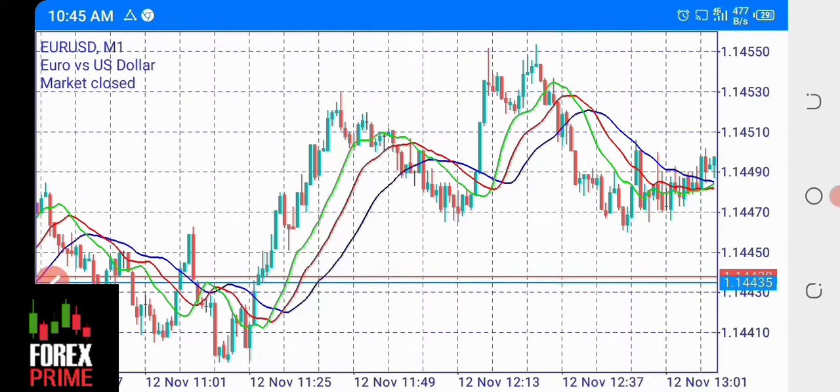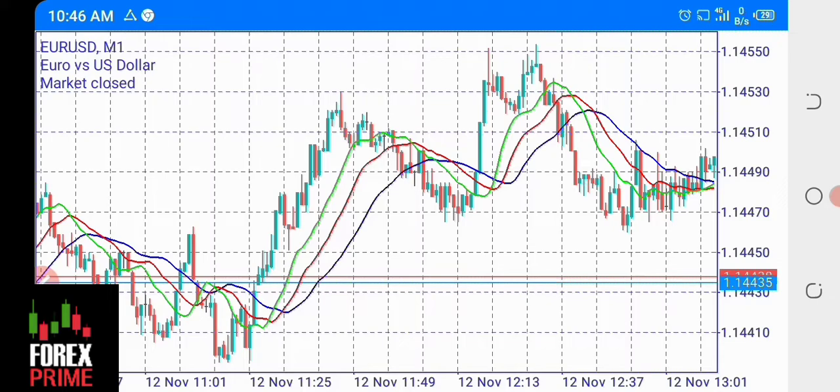Now, how does this alligator indicator work? Bill Williams, after studying the characteristics of the forex market, likened it to an alligator. So he used the analogy of the alligator. So the green line is the lips of the alligator, the red line is the teeth of the alligator, and the blue line is the jaws.